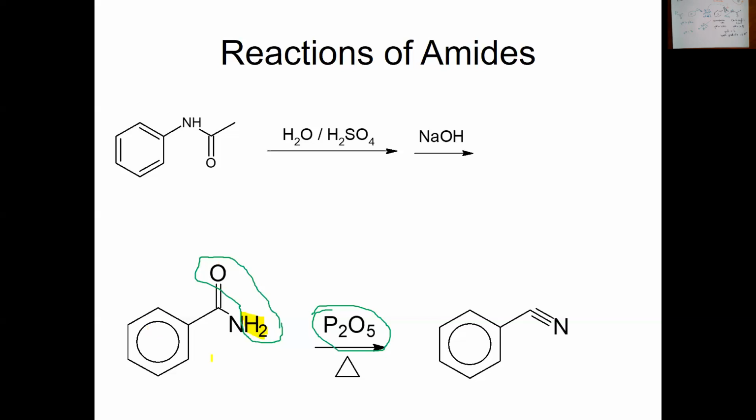There could be anything on this side over here. What's on this carbon doesn't matter. But the amide itself, that nitrogen has to have 2 hydrogens in order to do this dehydration. Amides can be hydrolyzed. Amides can be dehydrated to form a nitrile if it's that certain kind of amide.